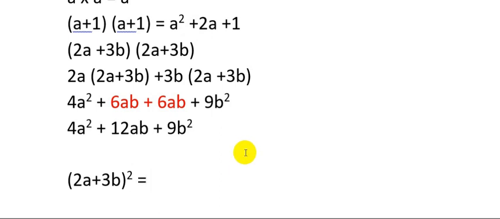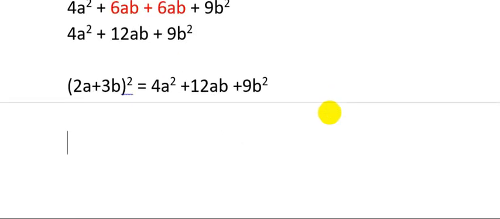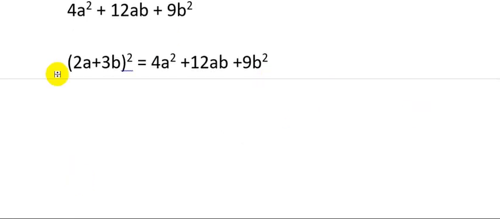The final answer we got is 4a square plus 12ab plus 9b square. So this is the easiest way for you to remember.